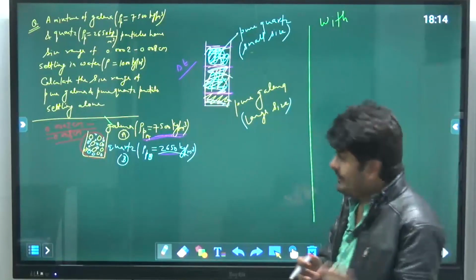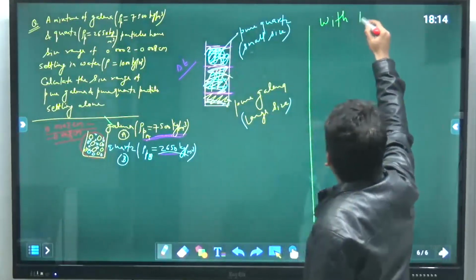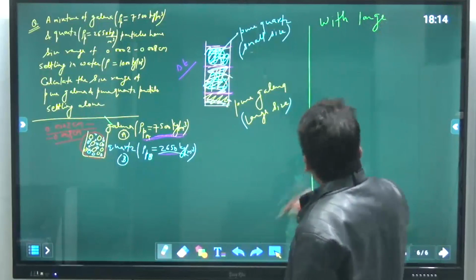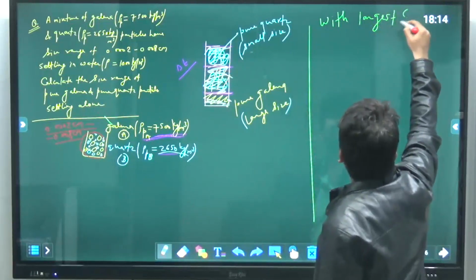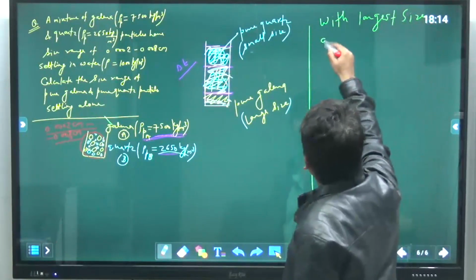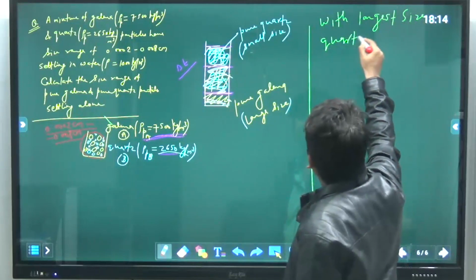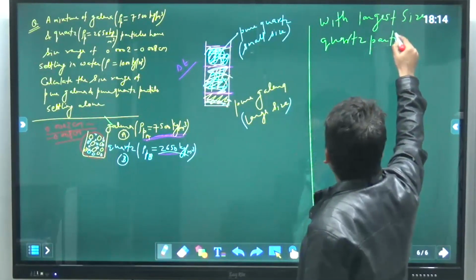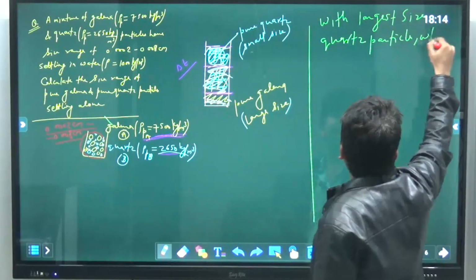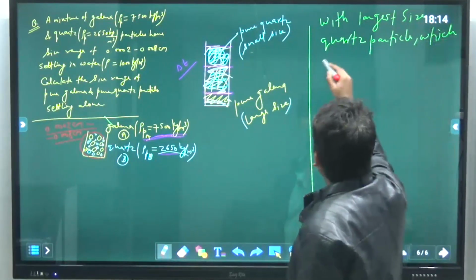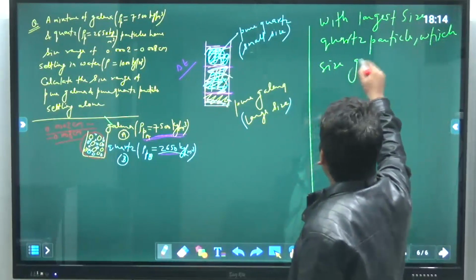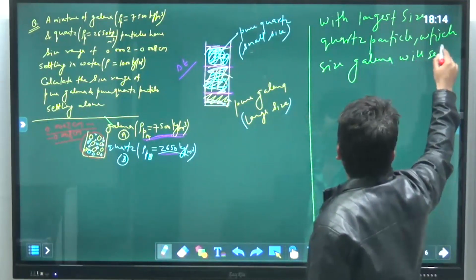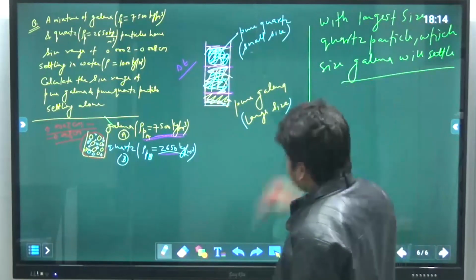So let's see with the largest size quartz particle, which size galena will settle. Okay.